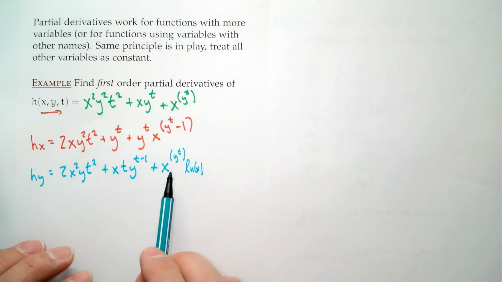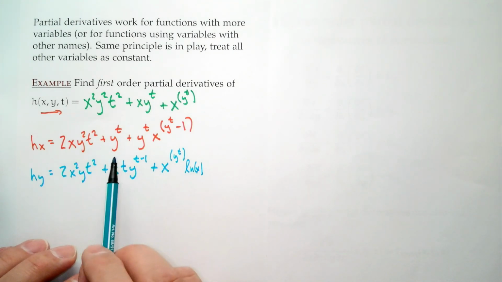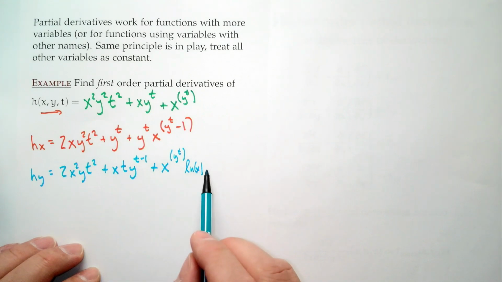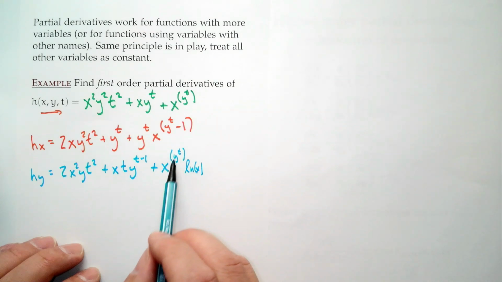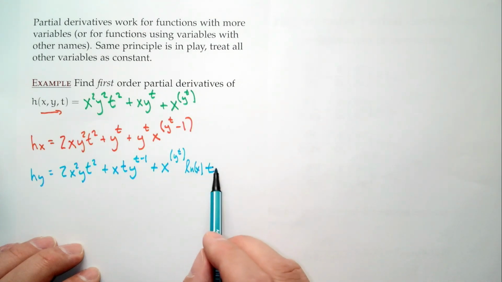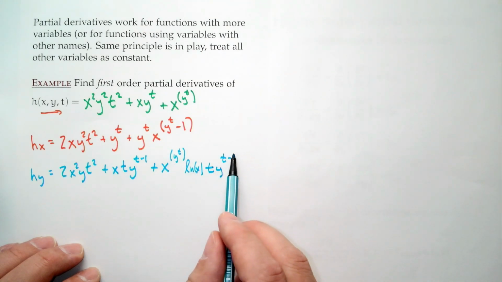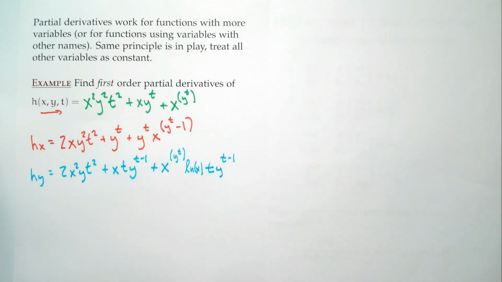So we're going to take the derivative of y to the t. Well, we actually just took the derivative of y to the t. Since y is our varying part, the derivative of y to the t comes down, y to one less power. And now we're done with that part. But the fun continues because we have one more derivative to do.